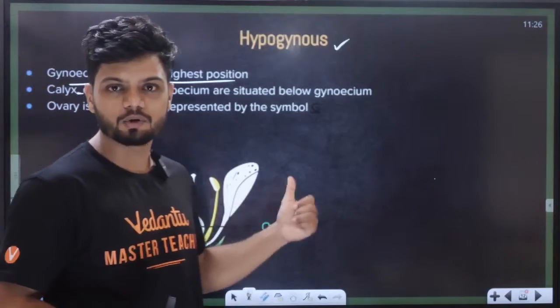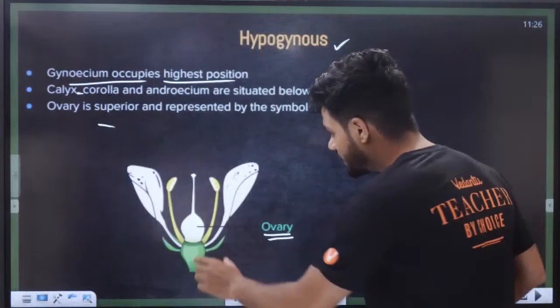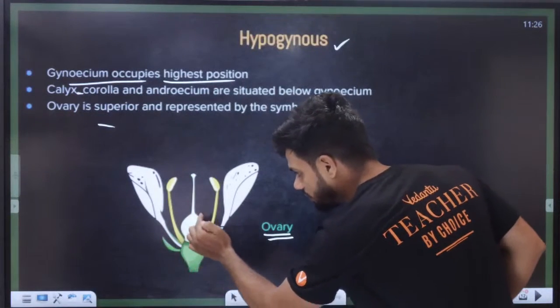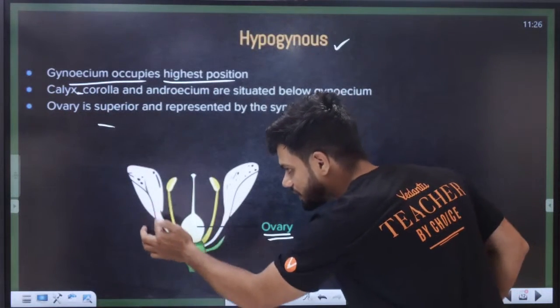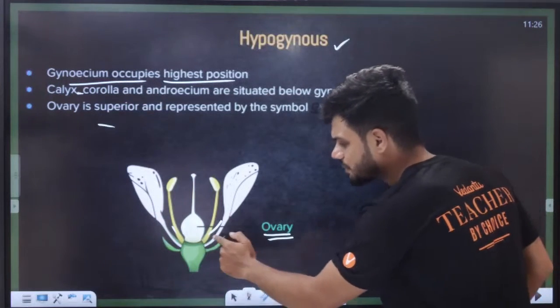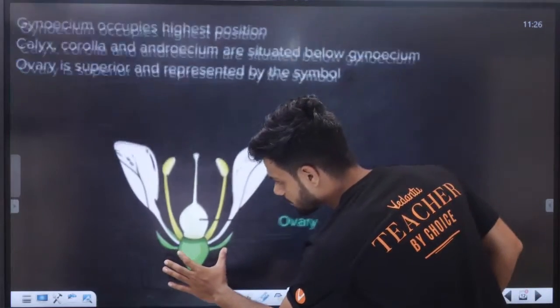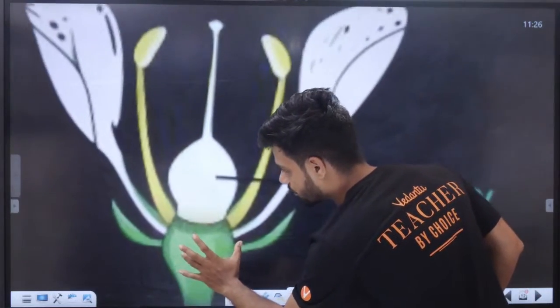Now in this kingdom, the queen is the main role. The queen will rule everything. So the queen is on the top. That is, the ovary is on the top, and all the others, that is your calyx, corolla, androecium, everything is coming from below. Can you see, students? The diagram is very important to understand.